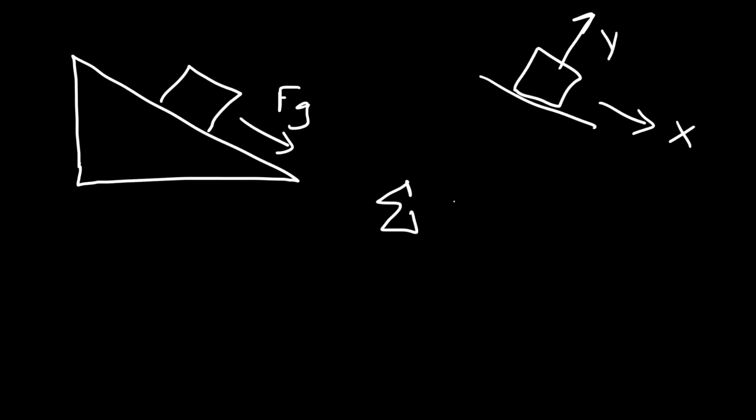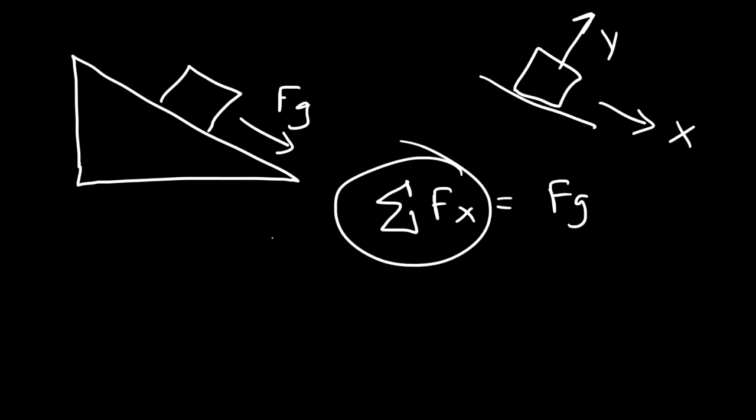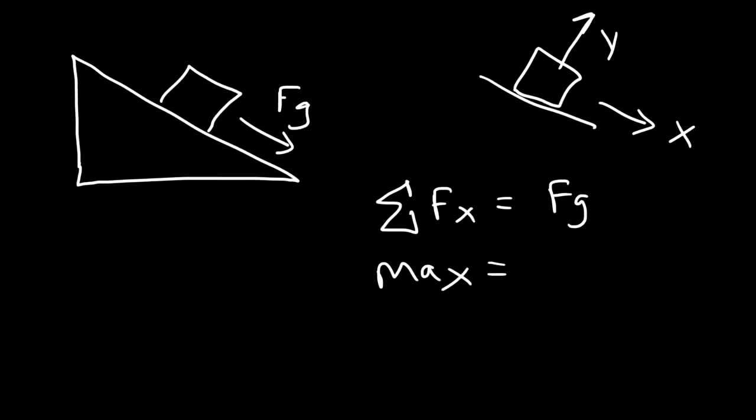So the net force in the x direction is Fg because that's the only force there. According to Newton's second law, F is equal to ma. The net force is always the product of the mass and the acceleration. And we know Fg is mg sine theta. So to find the acceleration down the incline, we don't need to know the mass of the block. It's independent of the mass of the block.